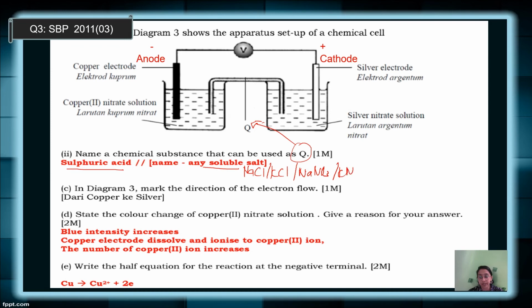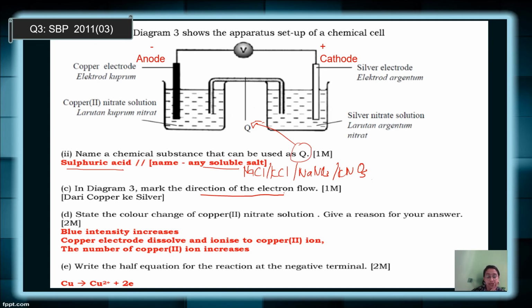The electron flows always happen from anode to cathode because anode undergoes oxidation, cathode reduction. So electron must flow from oxidation to reduction. So you put up the arrows like this.